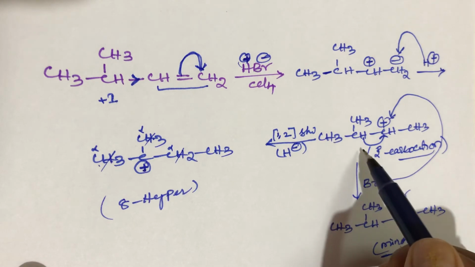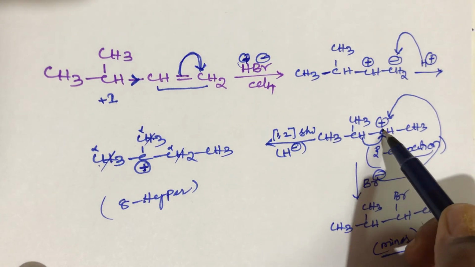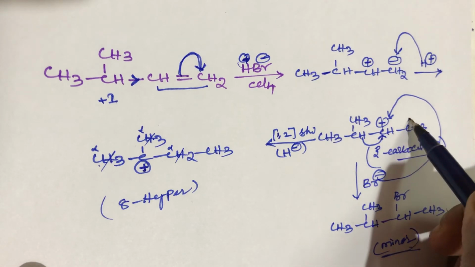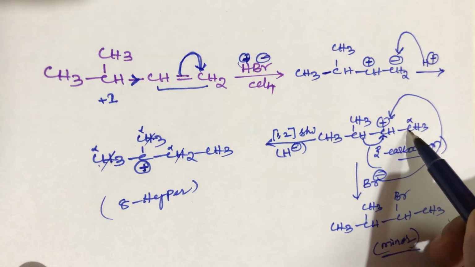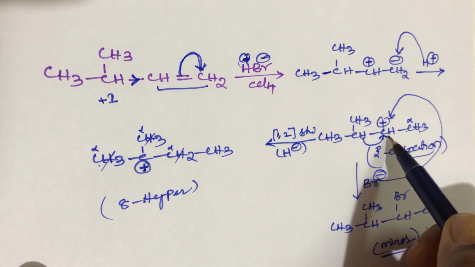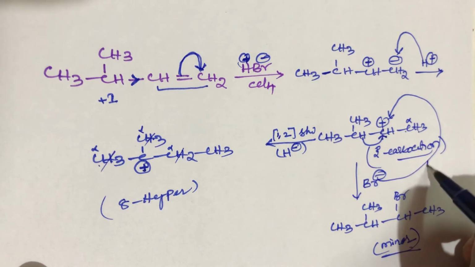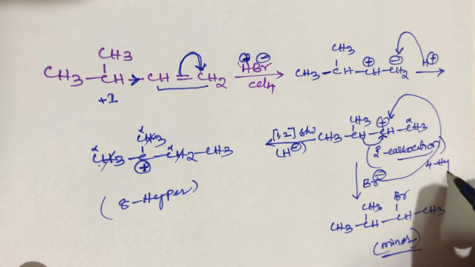And what about the secondary carbocation, how many hyperconjugative structures are there? Beside the secondary carbocation, the carbon is called the alpha carbon, and it contains alpha hydrogens: 3 alpha hydrogens and here also 1 alpha hydrogen. So in this secondary carbocation only 4 hyperconjugative structures are present.